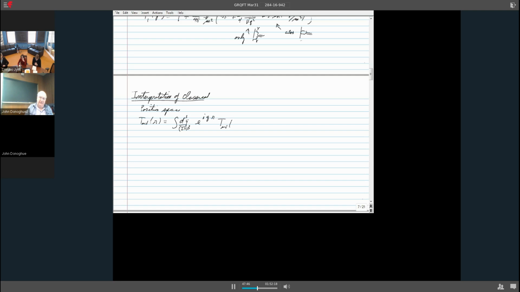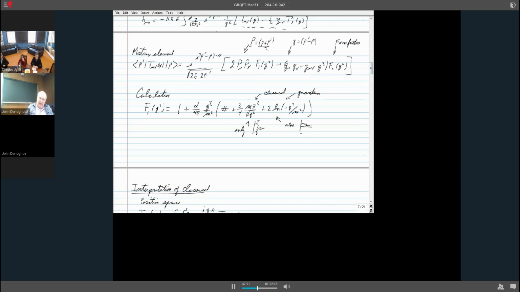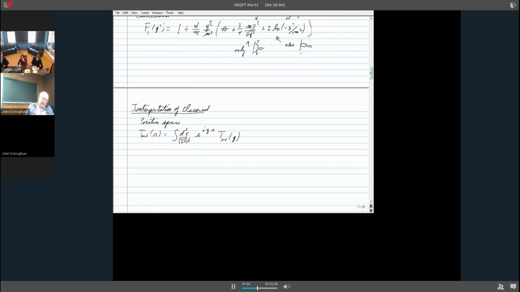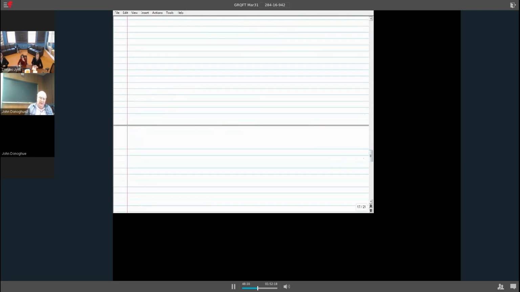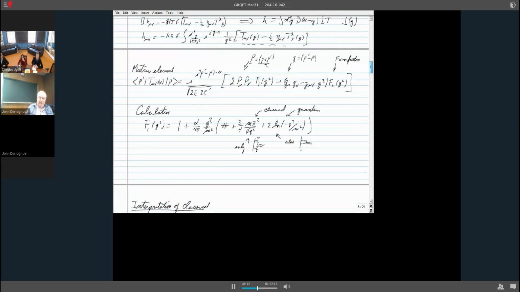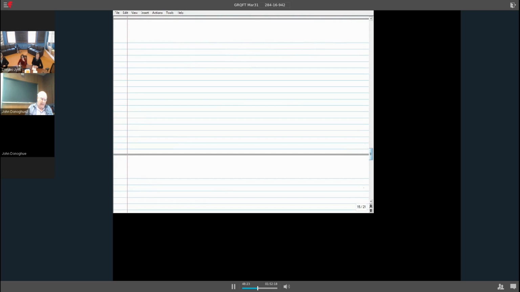Okay, let's look at position space for the moment. And I take T mu nu at R, which is integral d3q over 2 pi cubed e to the i q dot R, T mu nu of q, where this is what I just wrote up there.